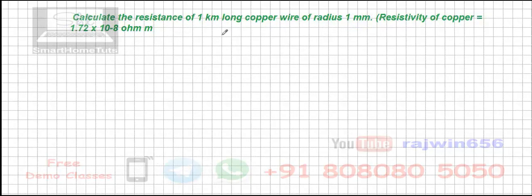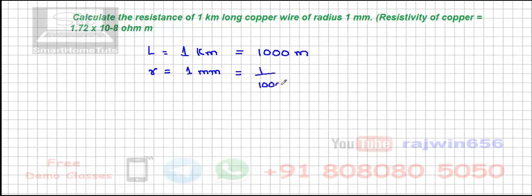So we have the length of the wire. This is 1 kilometer. Convert this into meters. This will be 1000 meters. The radius of the cross section given is 1 millimeter. That is 1 upon 1000 meters.